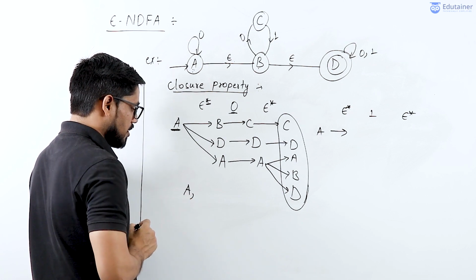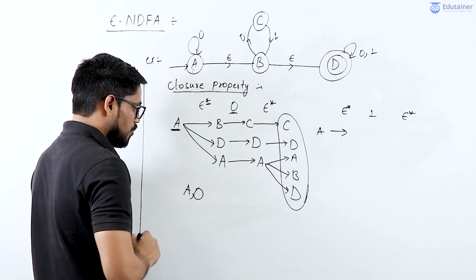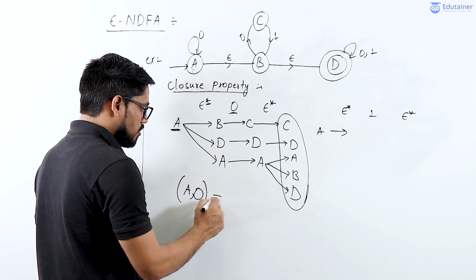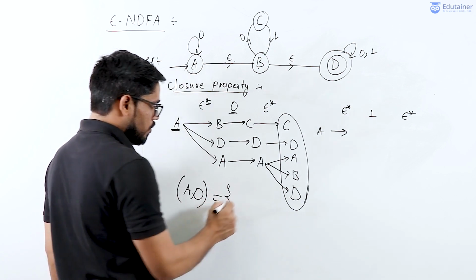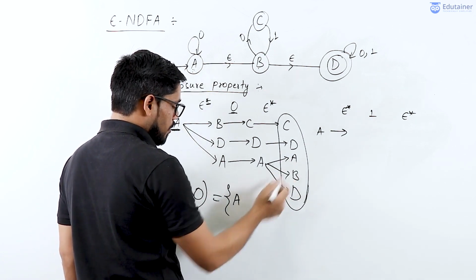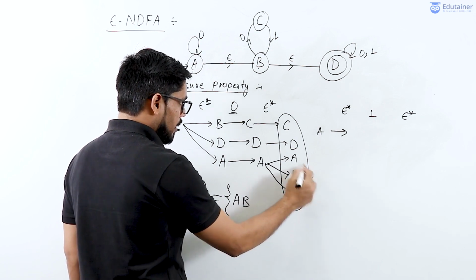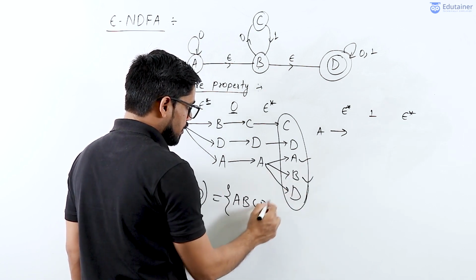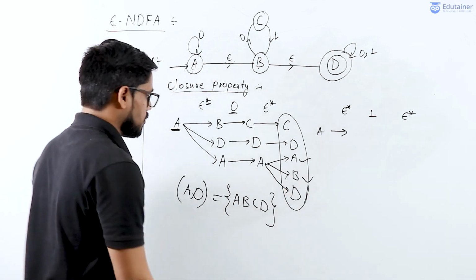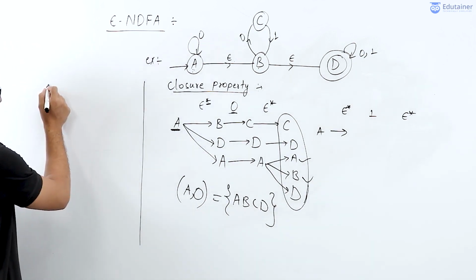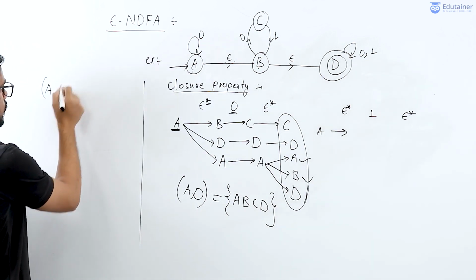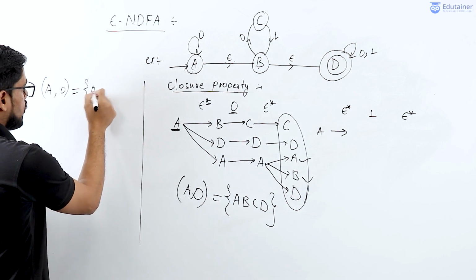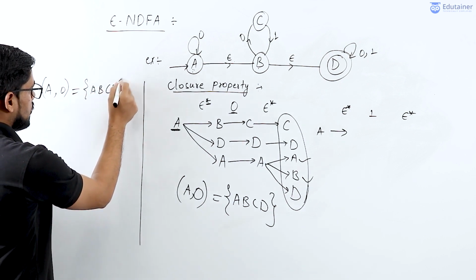If you are at state A and you read input alphabet 0, the possible states you can go to are A, B, C and D. So note it down: A on 0 will go to A, B, C, D.